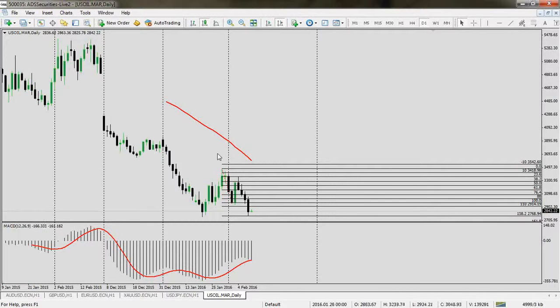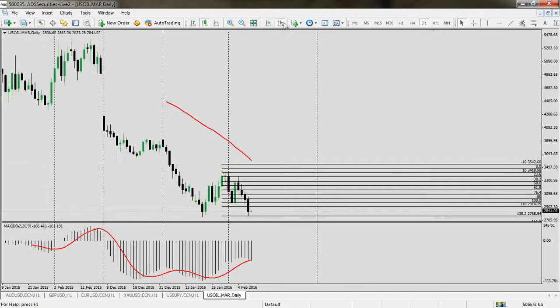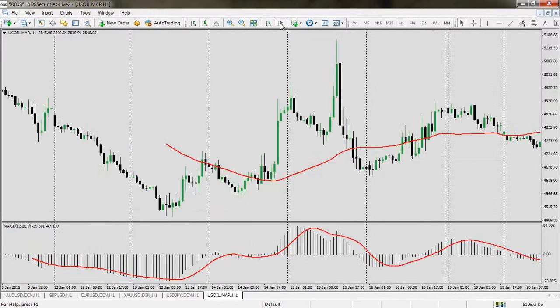When we are looking at the crude, by the way, the crude Fibonacci analysis is completely different than any other Fibonacci analysis that you will see. Therefore, you will not see me analyzing crude with Fibonacci on weekly time frame, but mostly on daily time frame. And my initial target for it is 138.2. It's a completely different outlook most of the time.